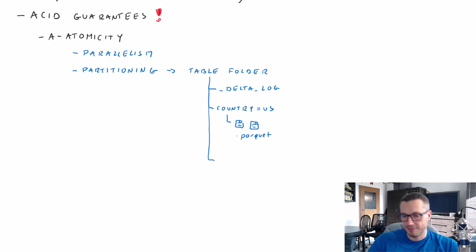Then we might have another partition, let's say for country equal to PL. And again, under this folder, we would have yet another set of Parquet files. This time, each of our rows would have country set to PL, and so on. So you can already see that our dataset, our tables, will most likely be split into multiple files, either because of parallelism or partitioning.